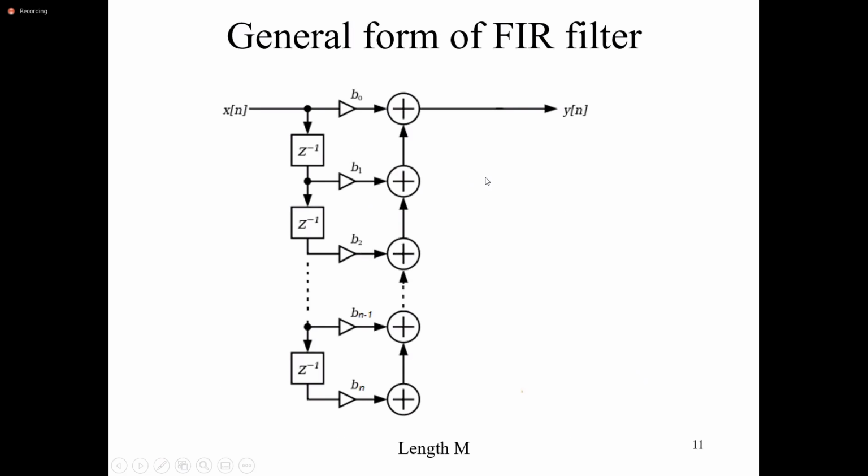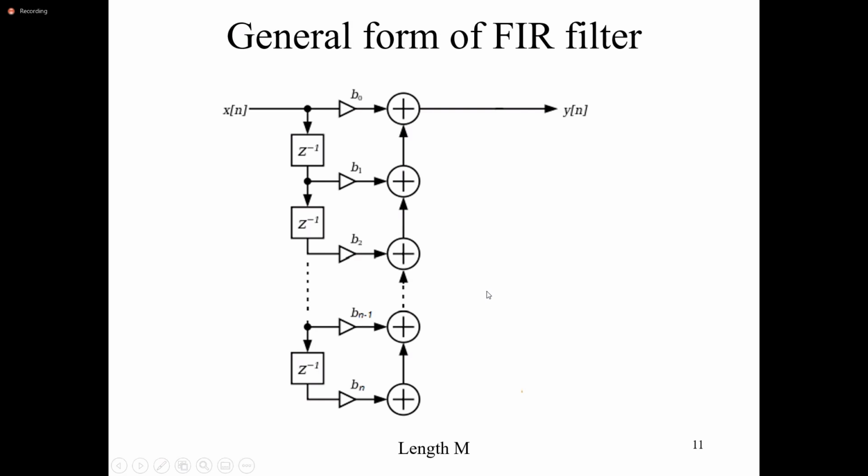So the general form of a FIR filter is shown here. Your FIR filter only has B coefficients, and it only has what are known as feed-forward paths. Each of these is a forward path.